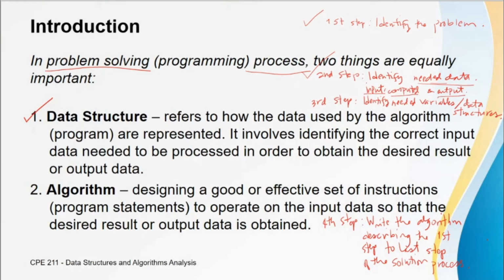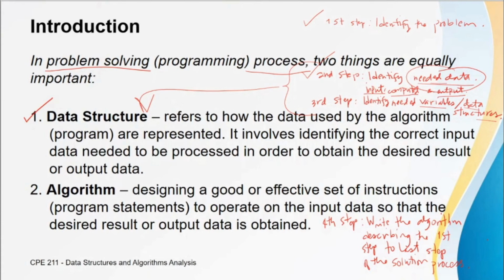And then the third step is identify needed variables or data structures that would represent those data of the program. So the second and the third steps all point to the first aspect, okay? So it is under selecting what data structure to use.